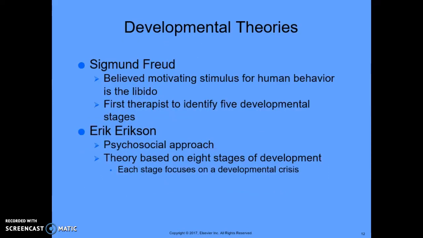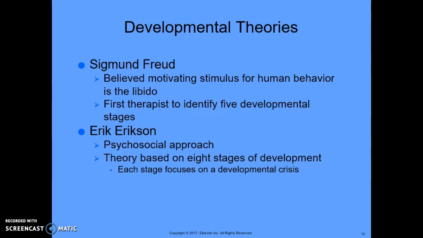So, developmental theories. There are several out there. We're going to look at Sigmund Freud, who believed that the motivating stimulus for human behavior is the libido, and he was the first therapist to identify the 5 developmental stages. Erik Erikson took a psychosocial approach, and it was a theory based on 8 stages of development.